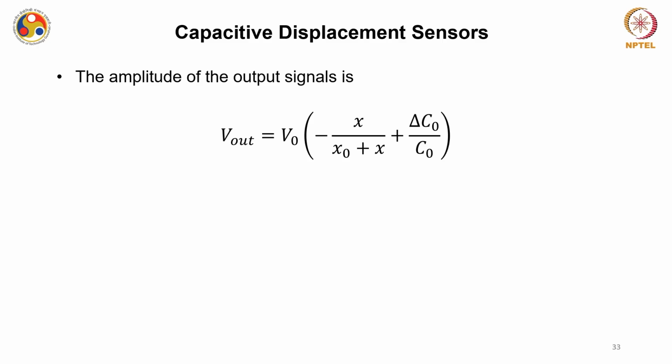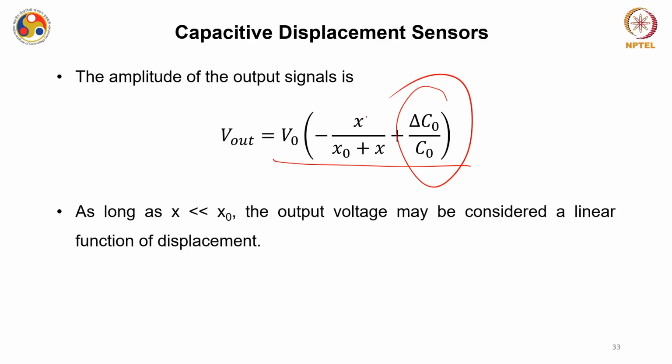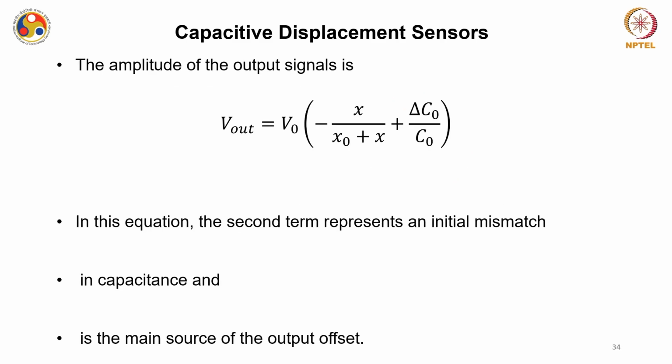Okay. And the amplitude of the output signal is given as V naught into minus x by x naught plus x, plus another factor delta C naught by C naught. So as long as this movement x is very small compared to the initial position x naught of the central plate, the output voltage can be considered as a linear function of the displacement.